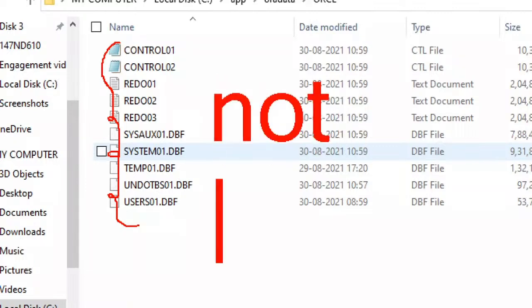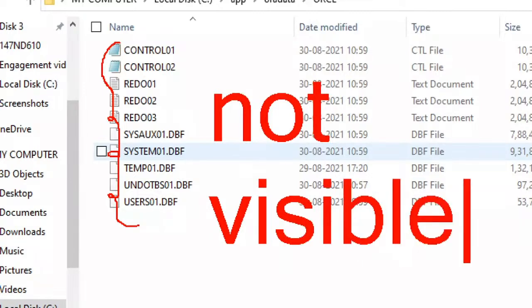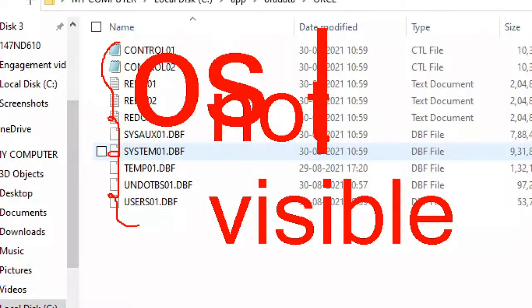This is not visible. That's why a structure which is not visible in the operating system, the OS, is called a logical structure. Very, very important. Tables are not visible in the C drive, D drive like that. Views are not visible in the C drive, D drive, E drive. Indexes, functions, procedures are not visible. They are visible in a database, I agree, but not in the operating system.